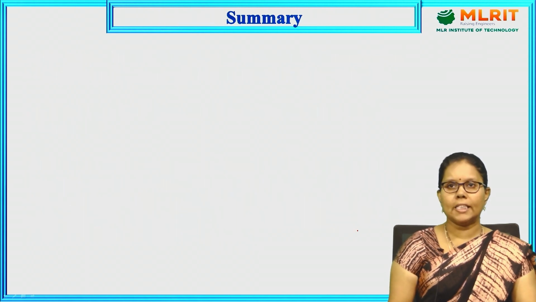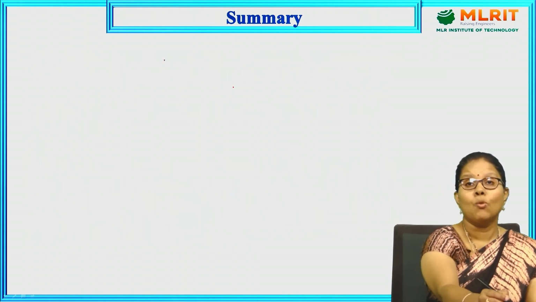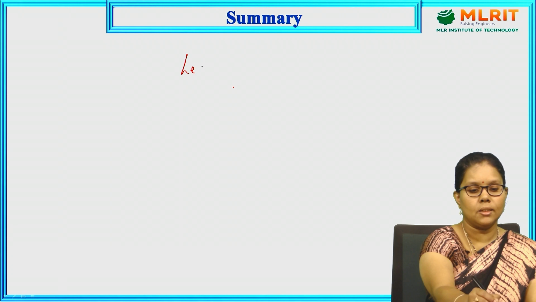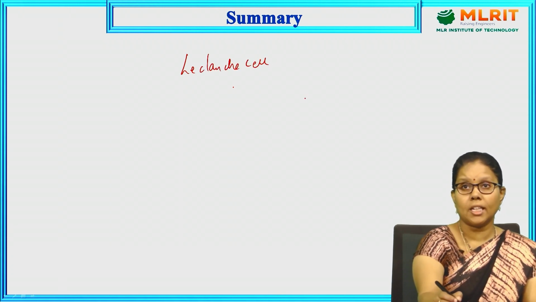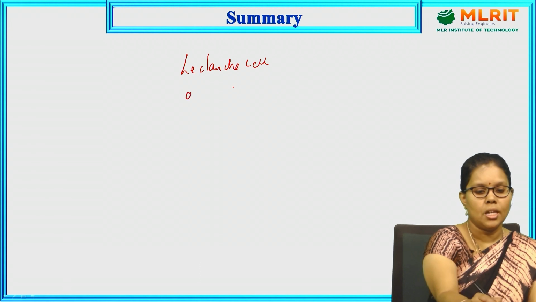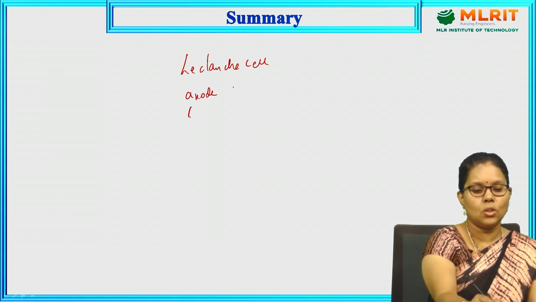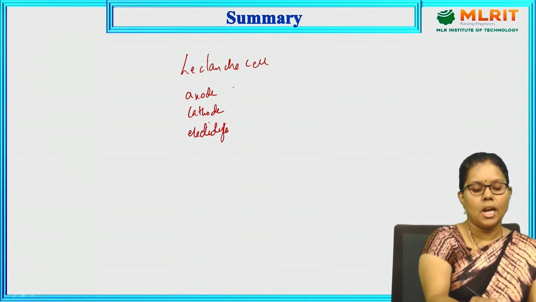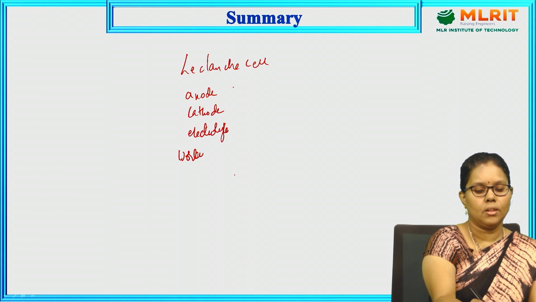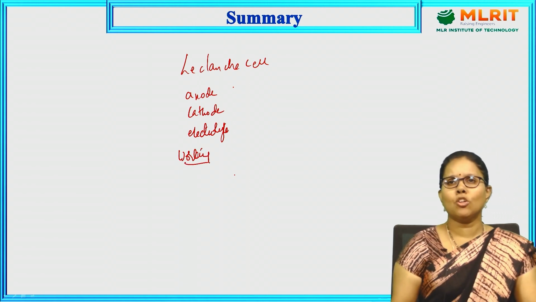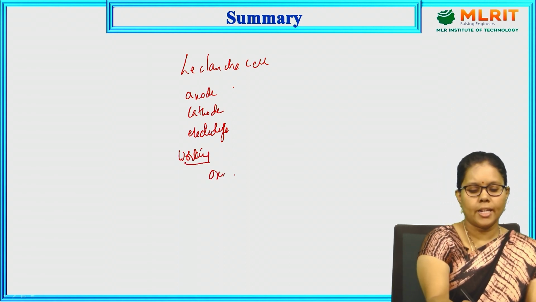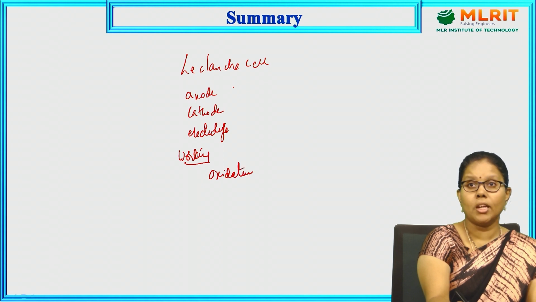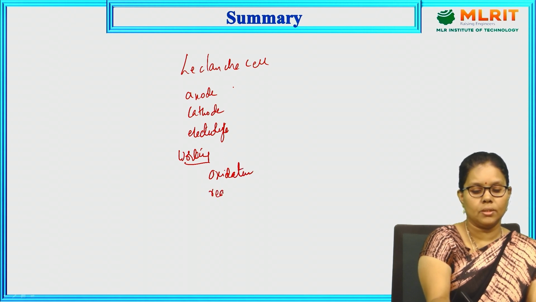In today's class, we have discussed what is meant by the Leclanché cell. What are the constituents of a Leclanché cell: construction, anode, cathode, electrolyte, and working. At the anode oxidation takes place, at the cathode reduction takes place. We have seen the overall reaction.